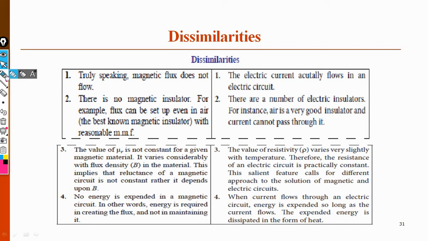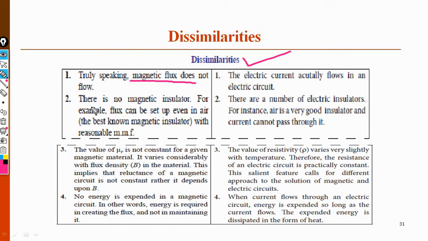In the magnetic circuit, magnetic flux does not actually flow, whereas in the electrical circuit, electric current actually flows. This is an important dissimilarity between the magnetic circuit and electrical circuit.